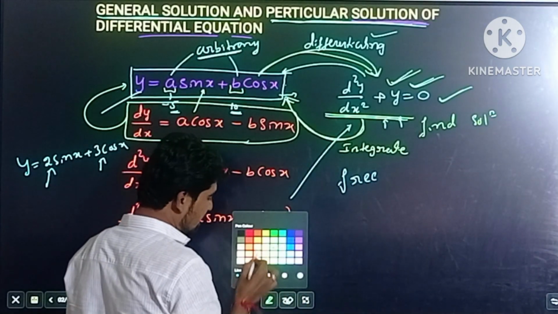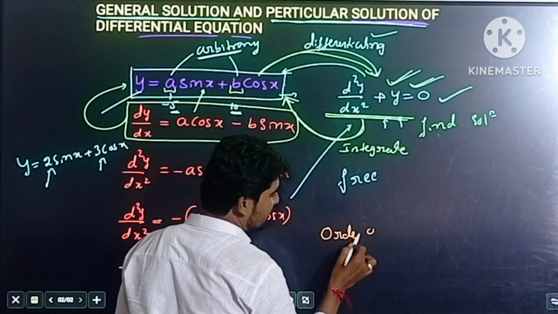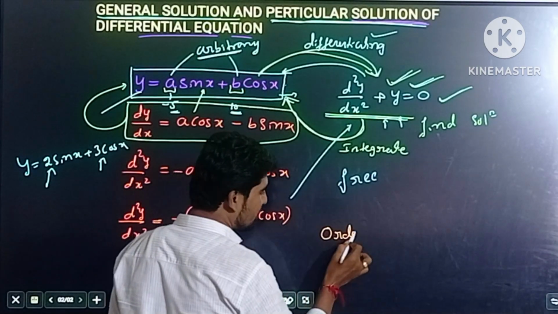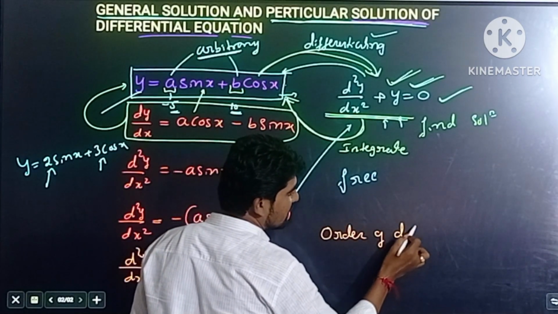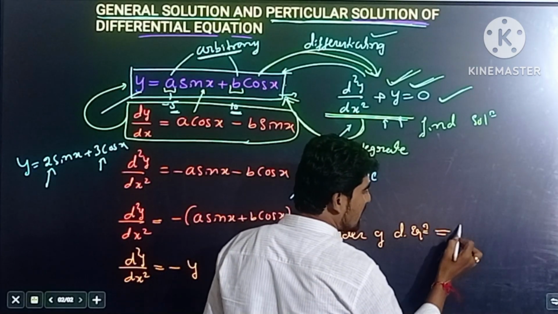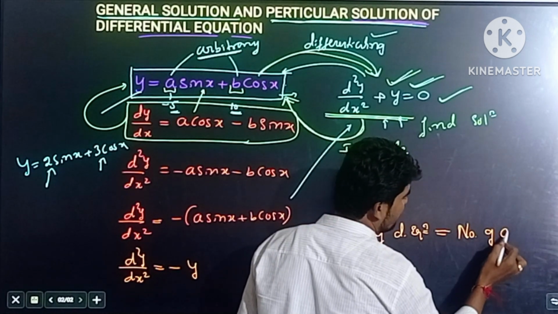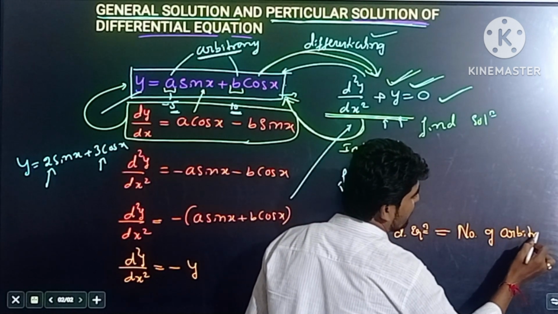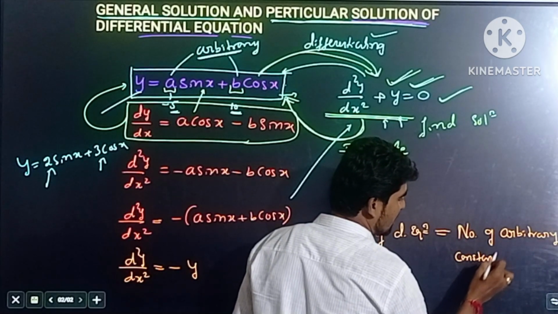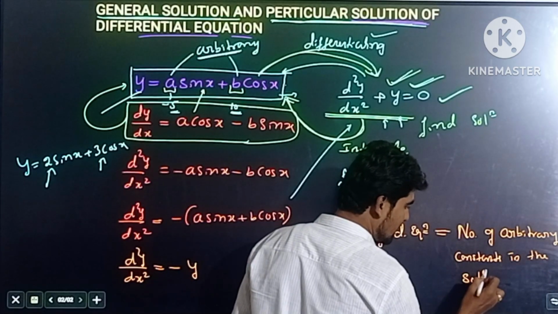The key point here is the order of the differential equation. The order of the differential equation should be equal to the number of arbitrary constants in the solution of the differential equation.